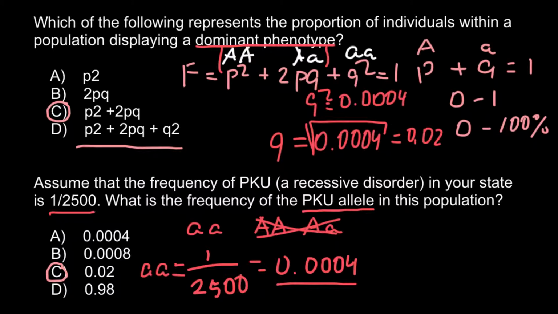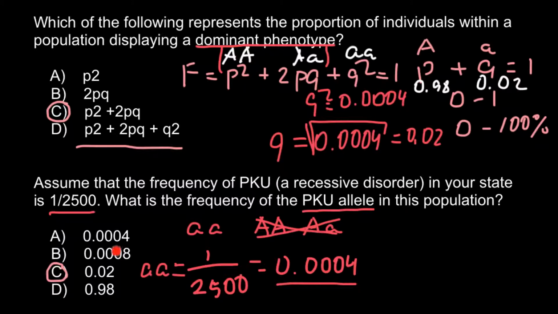So we can put this frequency here, 0.02, and of course we can say that the frequency of the dominant allele A would be 0.98. If we need an answer in percentage form, we multiply by 100, and we can say that the occurrence of the dominant allele in this gene pool is 98%, and the occurrence of the recessive allele is 2%.